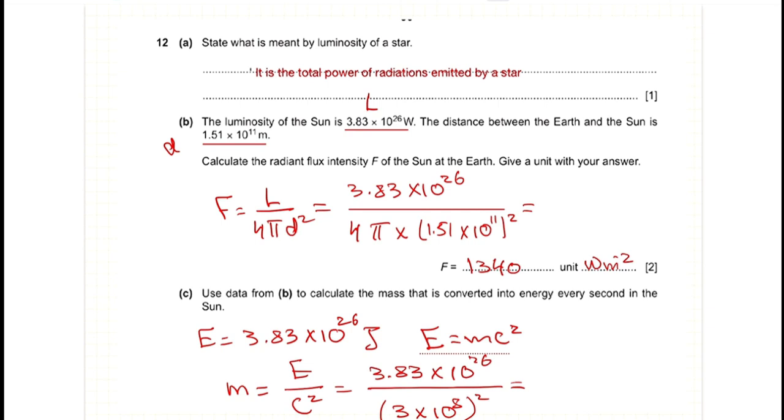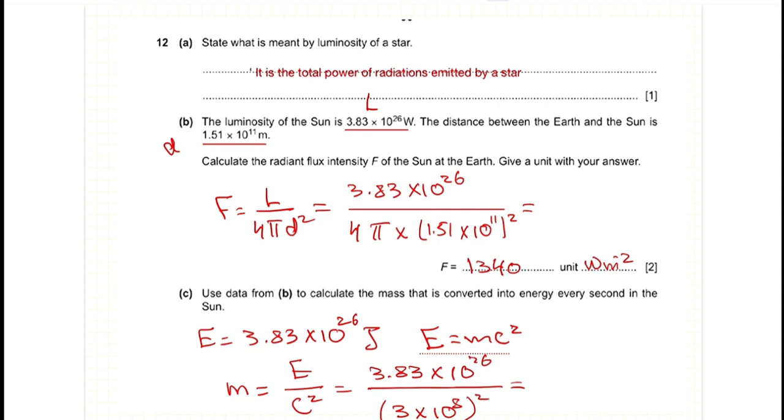Let's calculate: 3.83 times 10 to the power of 26 divided by 3 times 10 to the power of 8, all squared.